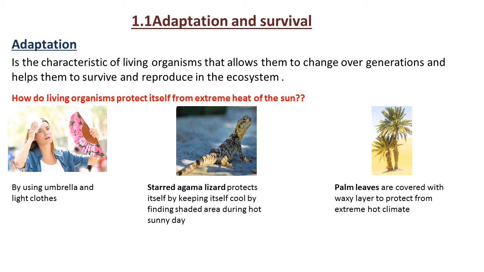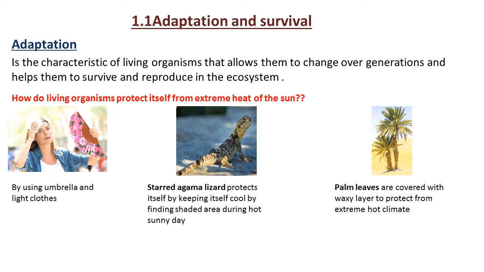Ecosystem like what? Like what we said before: desert, forest, polar region, and ocean. Like desert. Let's talk about how living organisms protect themselves from the extreme heat of the sun. For example, in the desert, if it's a human, what is this human going to do? This human is going to use an umbrella or wear light clothes.